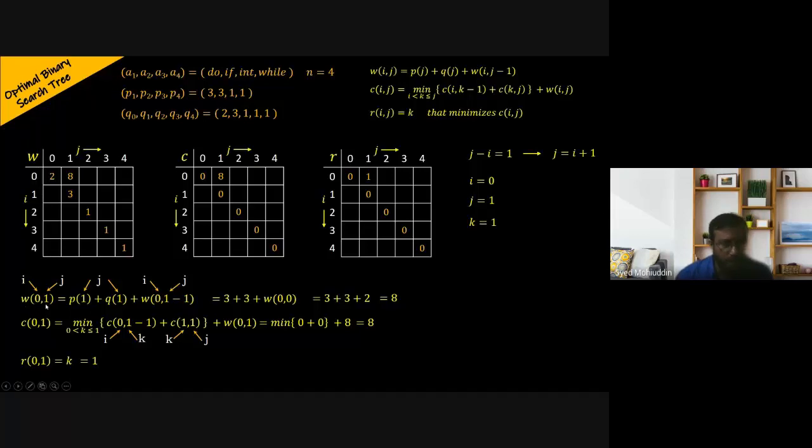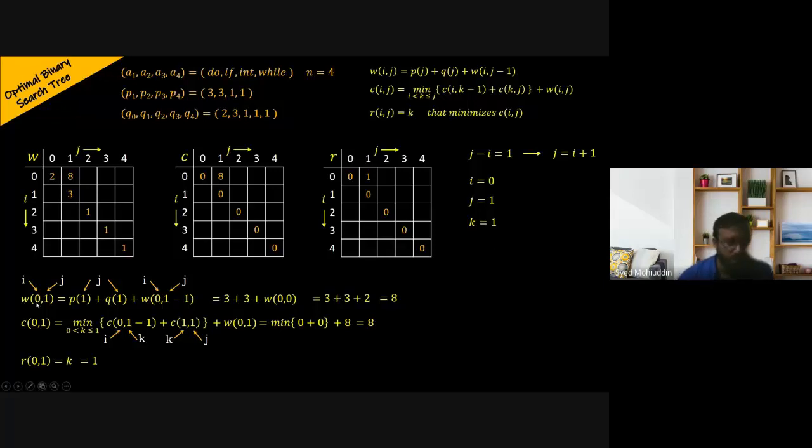W of 0, 1. Why? Because j minus i is 1. So j is i plus 1. When i is 0, j will be 1. And k will be between i and j, not including i. So with i as 0, 0 less than k less than or equal to 1. That means k will be only 1. So we are considering only one node at a time in the tree at this stage.